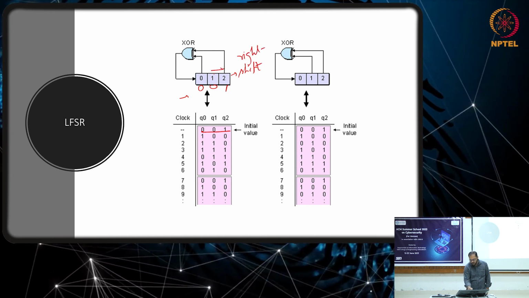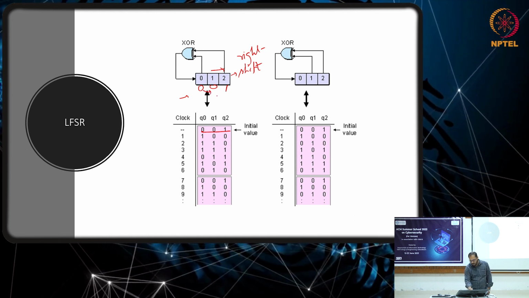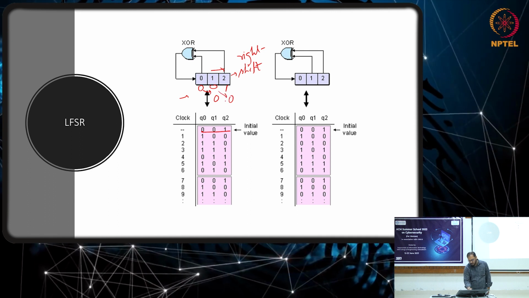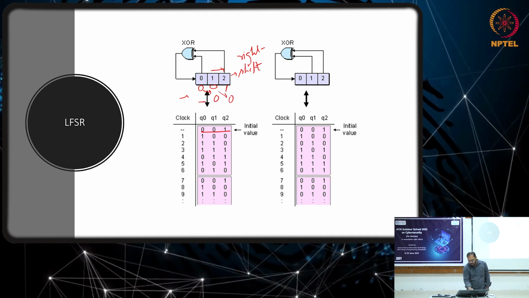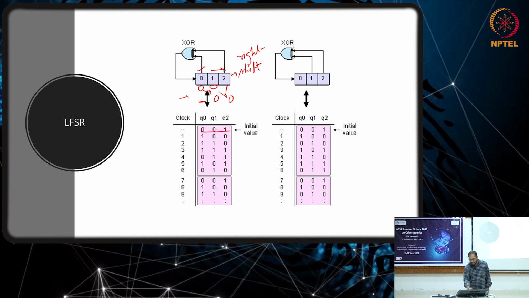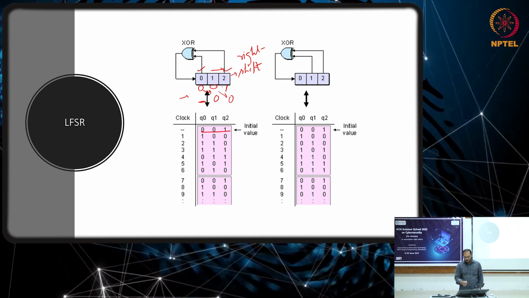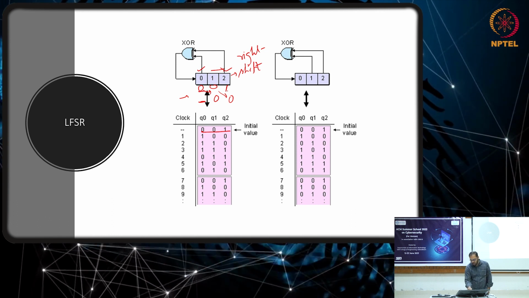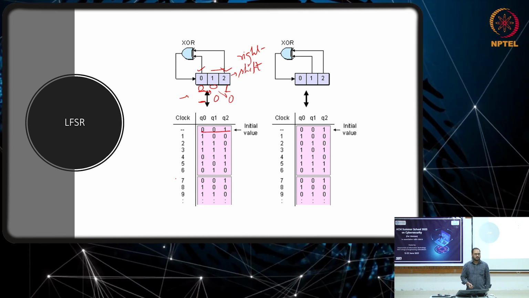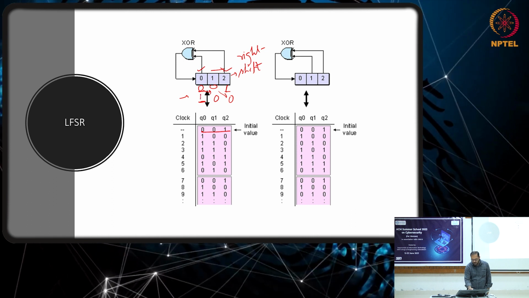So values will be shifting this side. So for next clock, this 0 will shift to this position. This 0 will shift to this position. And a new value will come here. That will be XOR of 0th and second position value from the previous clock. So in the previous clock, the values were 0 and 1. What is 0 XOR 1? 1, right? So 1 will come here.